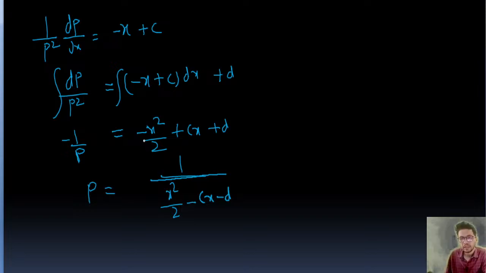How? We have taken minus common. Okay, minus will get cancelled, so this is going to be plus, this is minus cx and d, right? This is the value of p.